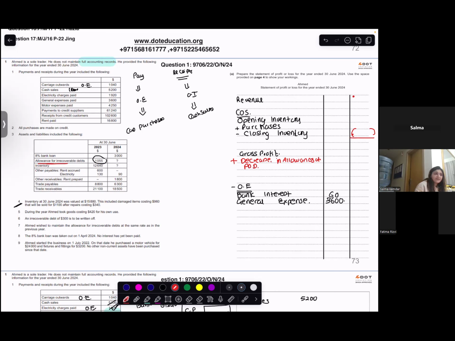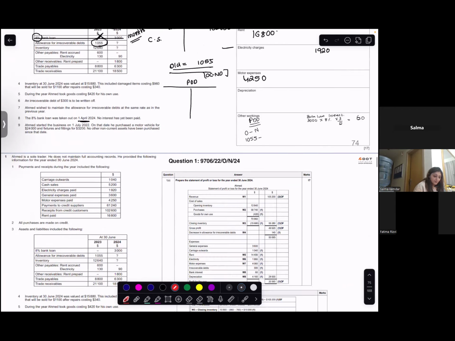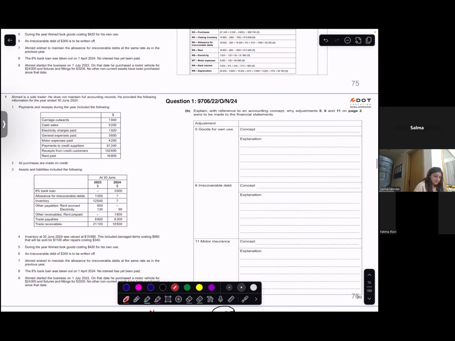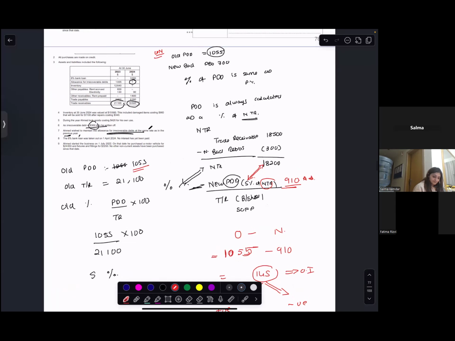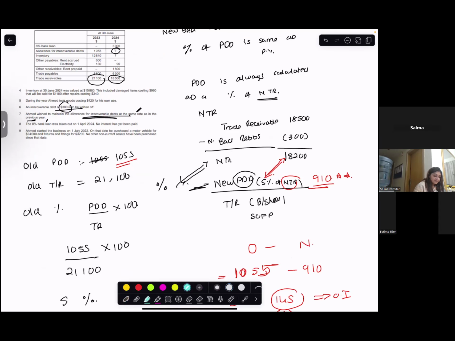How much? 145? Is there anything else that I have to record related to this adjustment? Will new bad debts not come?